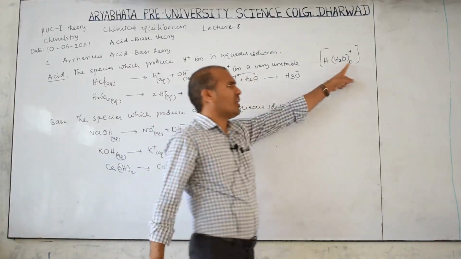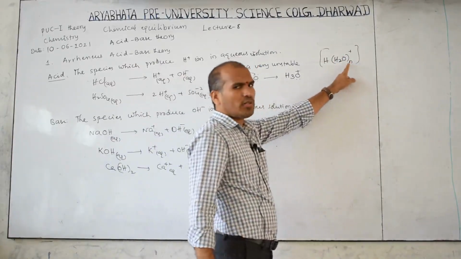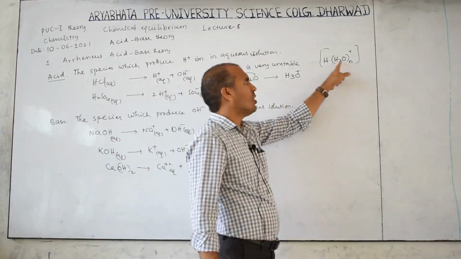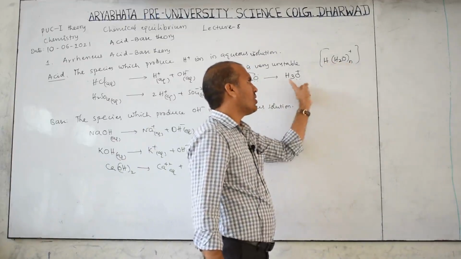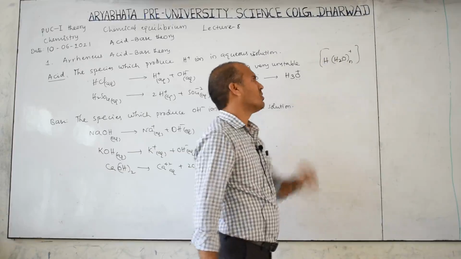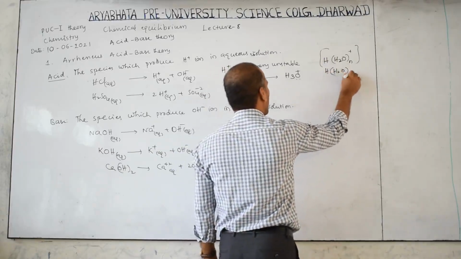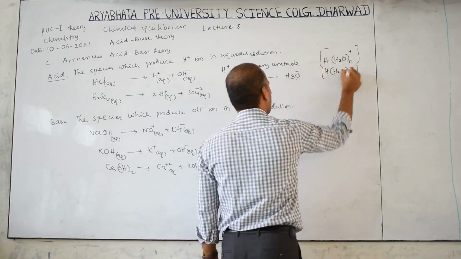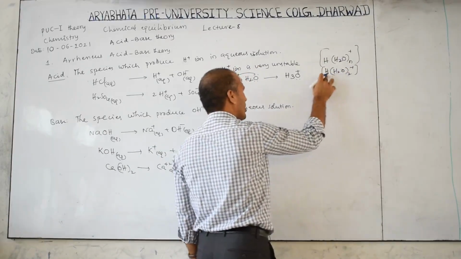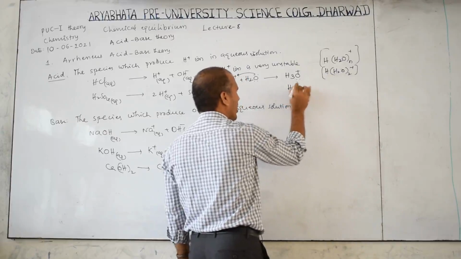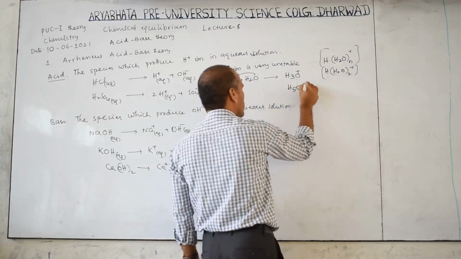Now if n equal to 1, then H2O, 2 hydrogen plus 1 hydrogen, 3 hydrogens, 1 oxygen, plus. If it is H2O taken 2 and plus, then 2 into 2, 4, 4 plus 1, 5, H5O2 plus.